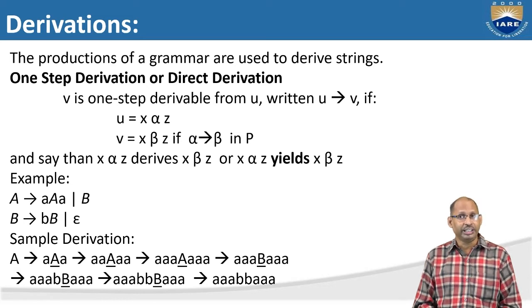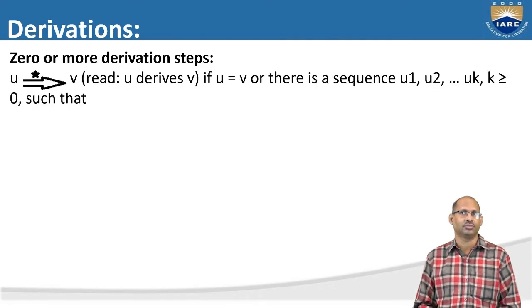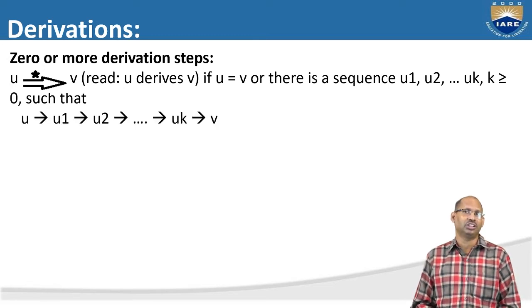Then the string is accepted by the grammar, and this is also called a derivation of the given string. If you derive V in multiple steps, then we use a star: U1 derives star V.